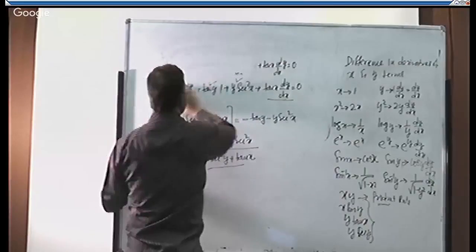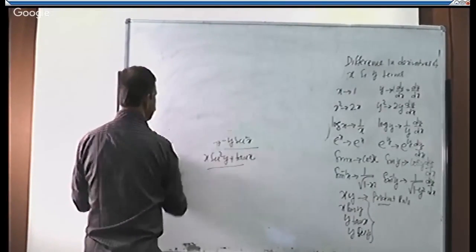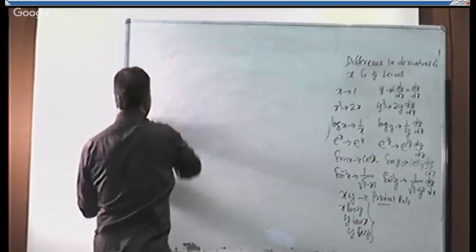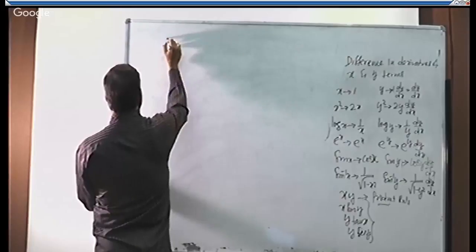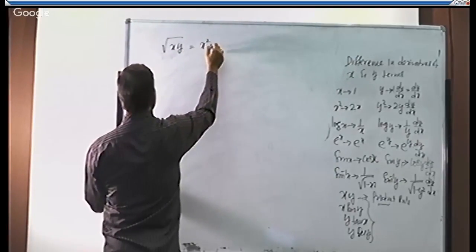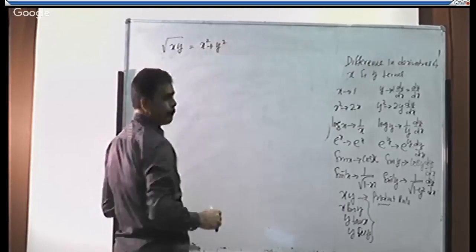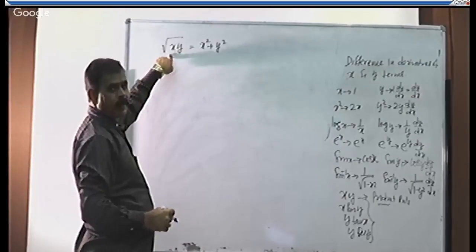We can do different problems in implicit functions. Root of xy is equal to x square plus y square. It is root of function, correct?